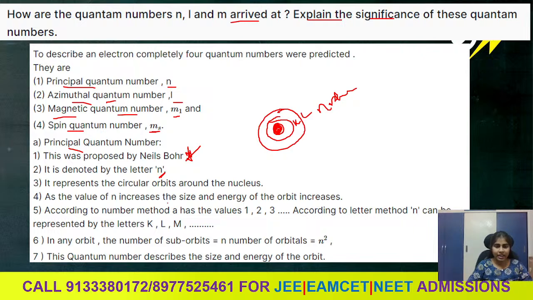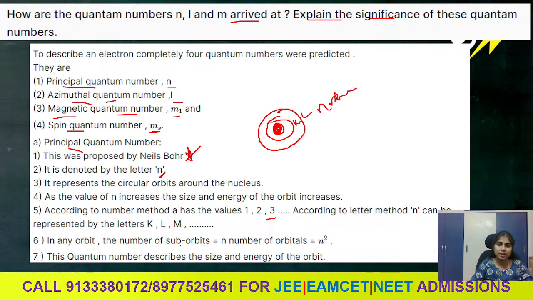As the value of n increases, the size and energy of the orbit increase because more shells are added. It has the values 1, 2, 3, as we discussed earlier, and n can be represented as K, L, M, and so on.